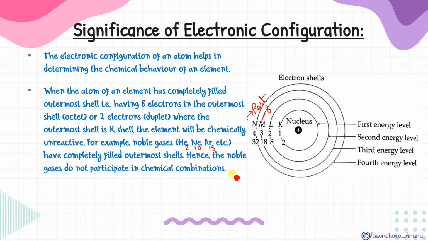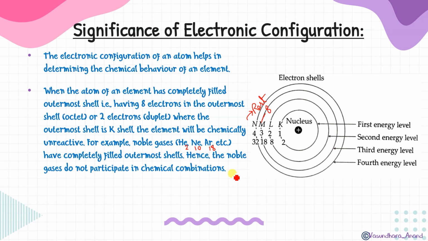So it can be asked as a question why noble gases do not participate in chemical reactions, or why noble gases are unreactive, or name an element which is unreactive. So you can answer like this. The answer to the first two questions will be: since a noble gas has 8 electrons in its outermost shell, it does not need any electron.